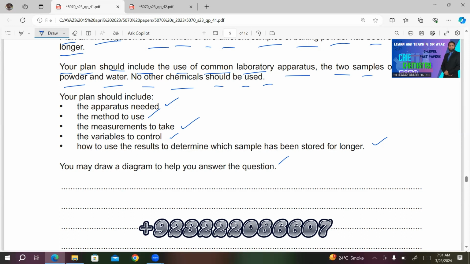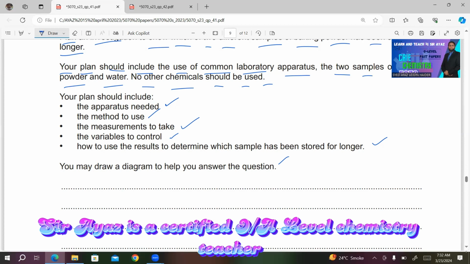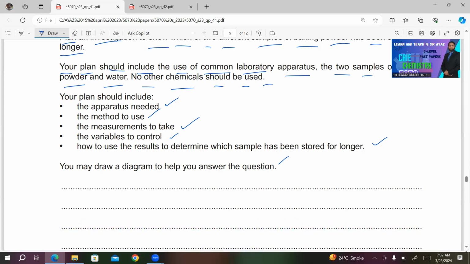Then in case of control, you can write any one of these: you must have the same mass of each sample, or you can calculate the change in mass, same volume, see the change in volume per gram. You have to calculate this. It should be carried out at the same temperature.